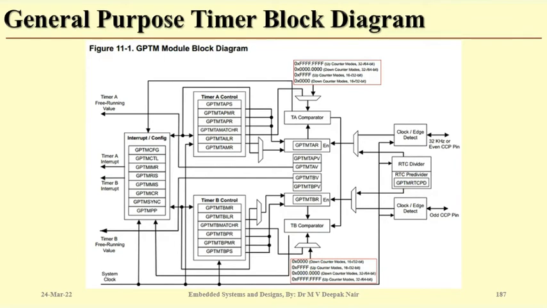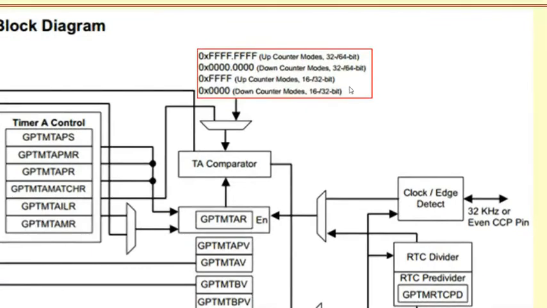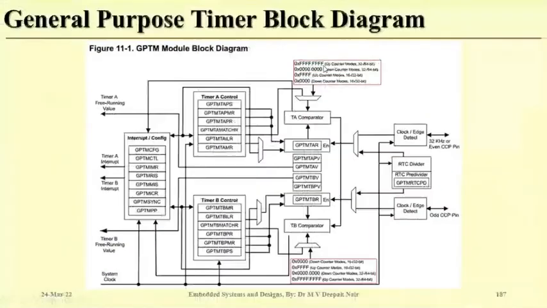If you focus here, you can make it up counting, you can make it down counting, and you can make it up counting and down counting in 16-bit or 32-bit modes or 64-bit mode also. I will come to that.